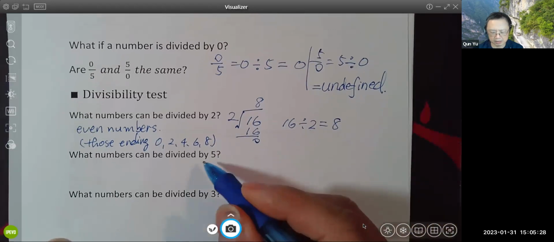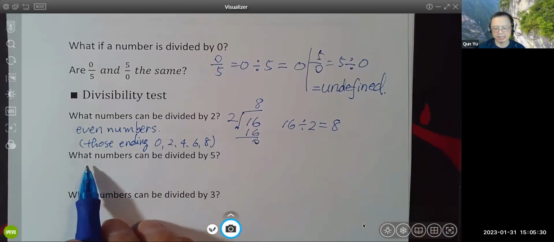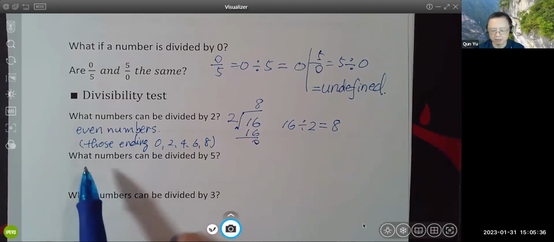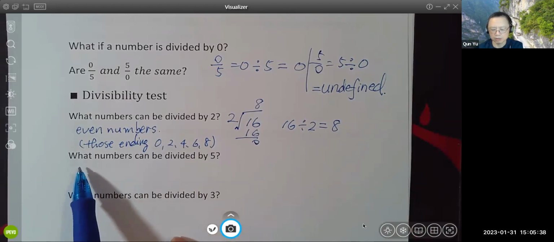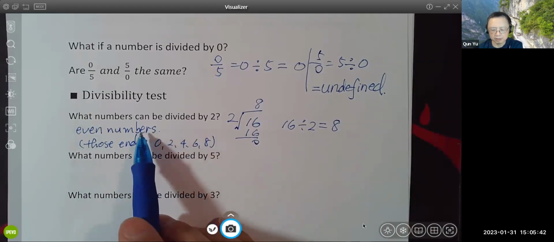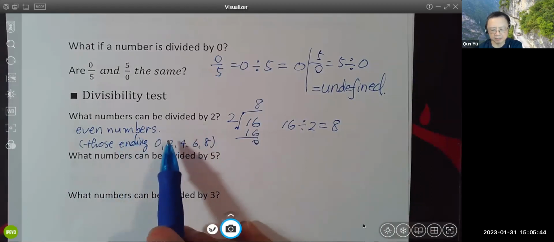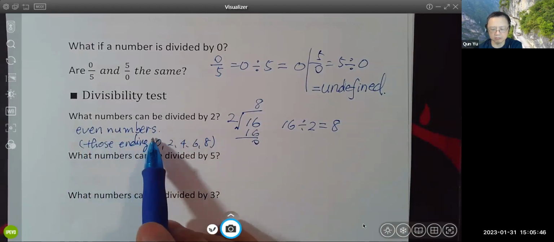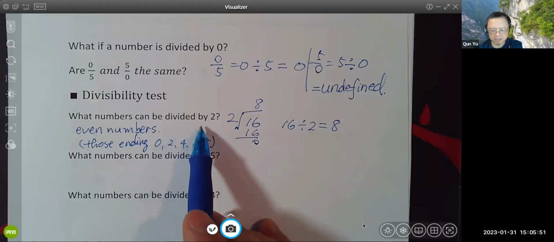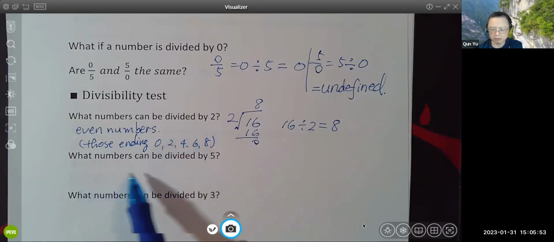And by the same logic, we can answer the other two questions. We can figure out the other rules by ourselves, basically. So the second one is, what numbers can be divided by 5? If multiples of 2 can be divided by 2, how about multiples of 5? Naturally, multiples of 5 can be divided by 5.